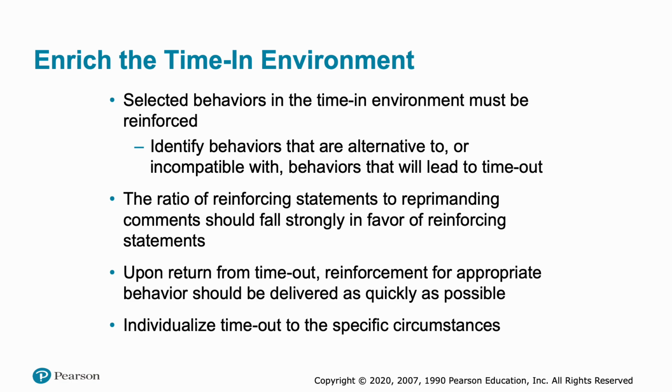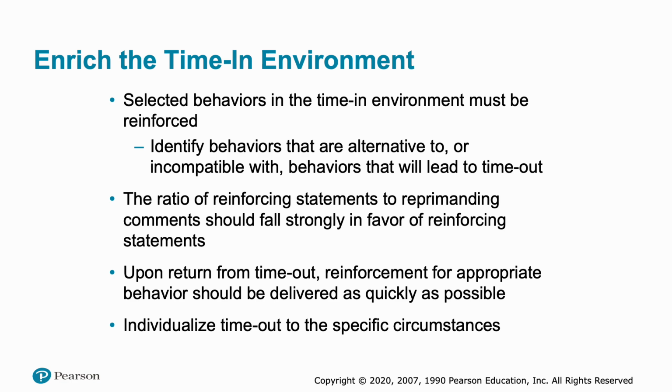An incompatible behavior is basically a behavior where they cannot engage in the problem behavior and the desirable behavior at the same time. So by increasing the rate of reinforcement that you're providing for the appropriate incompatible behavior, they're not able to engage in that problematic or maladaptive behavior.